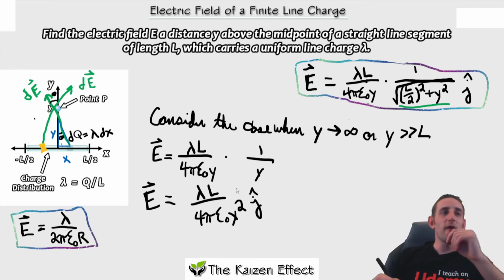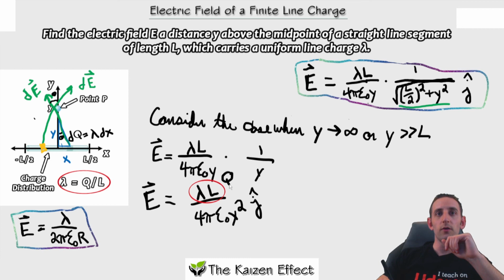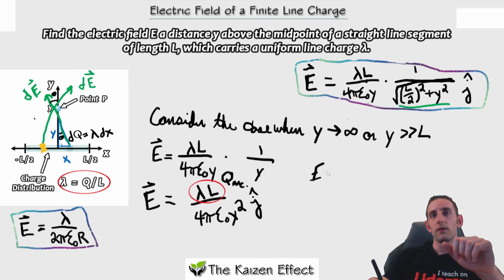It would probably simplify to an r hat, but what I want to say is you can look at this and say this is just Q enclosed. I want you to recall Coulomb's law from the beginning of the lecture.